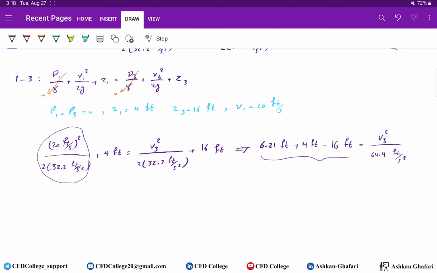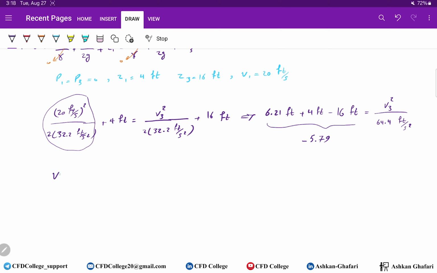It's 6.21 plus 4 minus 16. So here we'll have minus 5.79. So it means that V3 square equals a negative value, which is not possible.